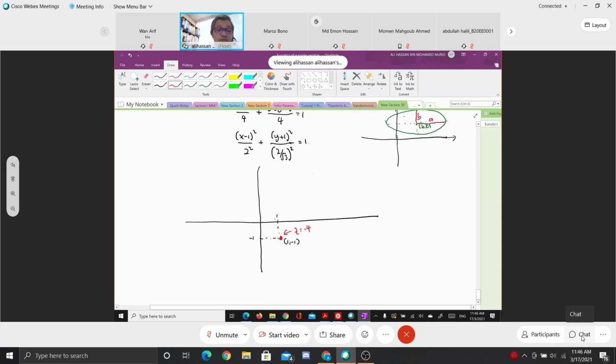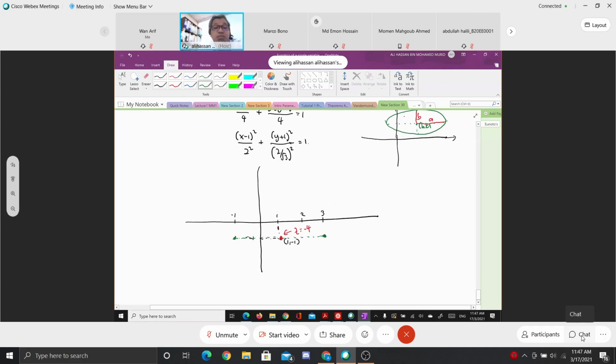This is 1, so let's measure 2 units. The ellipse is from this point to this point.